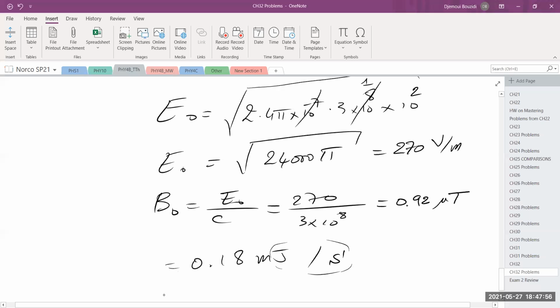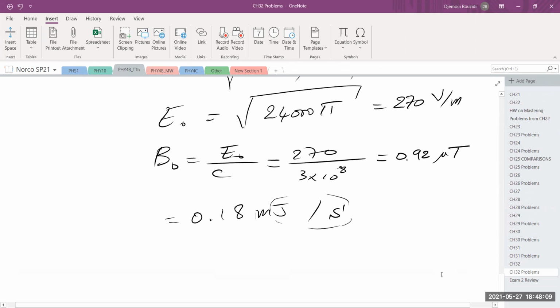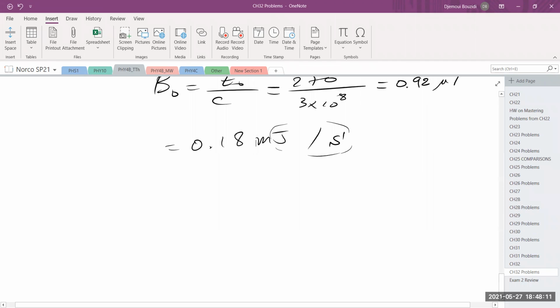So this question is kind of a free question. Express the damage threshold in watts per centimeter squared. Remember the damage I is 10 to the power 2 watts per meter squared, and they want this number in centimeters squared.